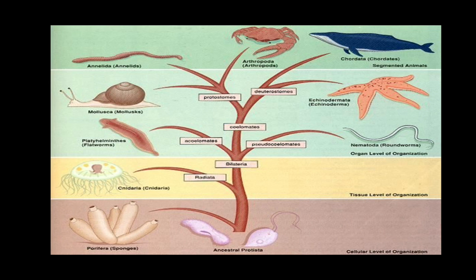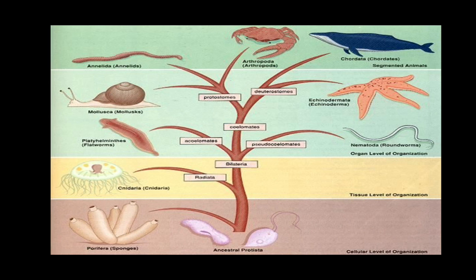So this is the phylogenetic tree of the animal kingdom, in which you can see the ancestral organisms are placed at the bottom, starting from sponges, which are also called porifera, ancestral protists, which are the microorganisms or unicellular organisms, and then we will talk about the cellular level of organization.